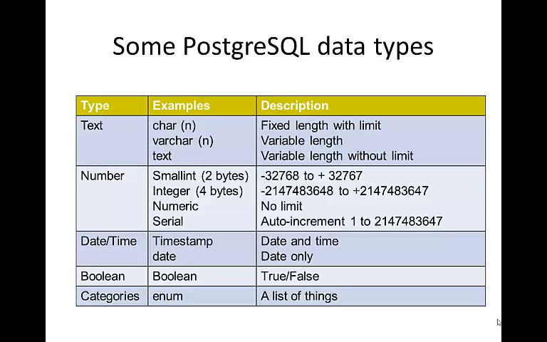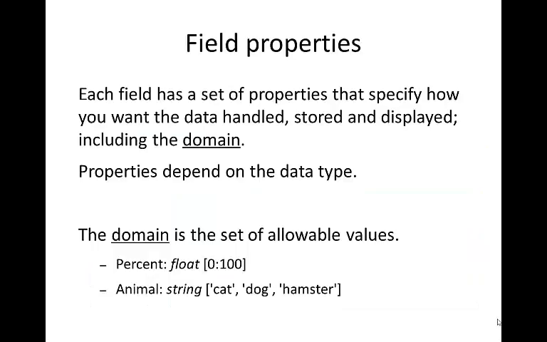Take away messages: there are not only different data types for storing text and numbers, but there are different subtypes depending on what type of text you've got, what type of number you might have as well.